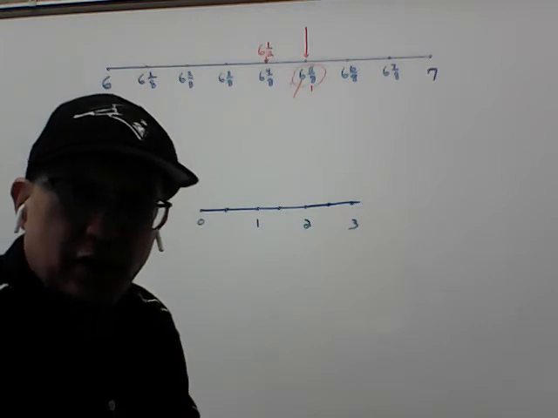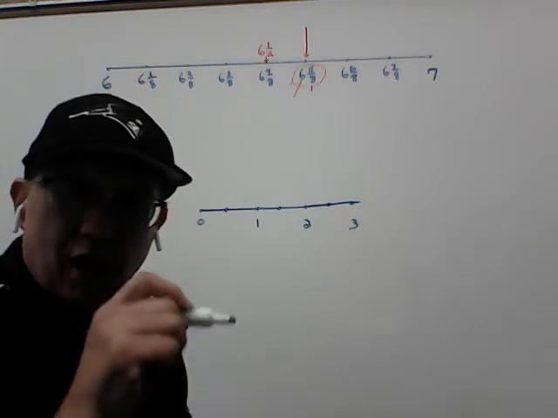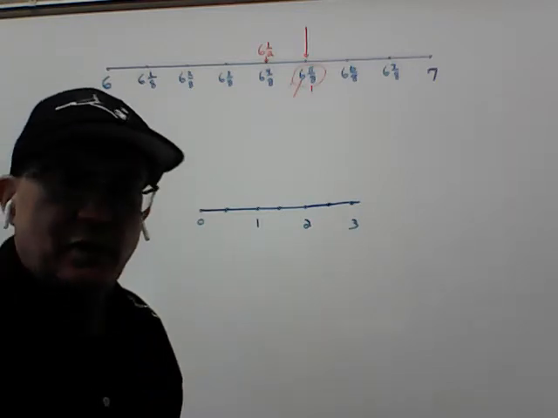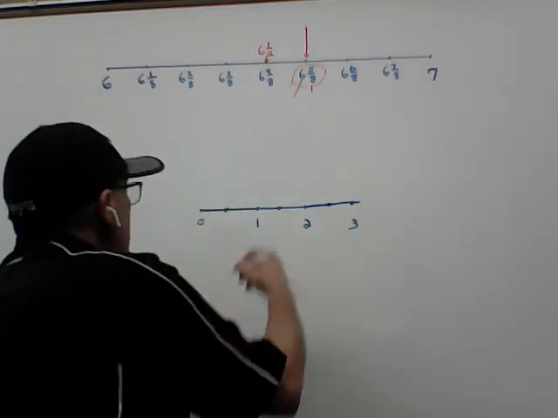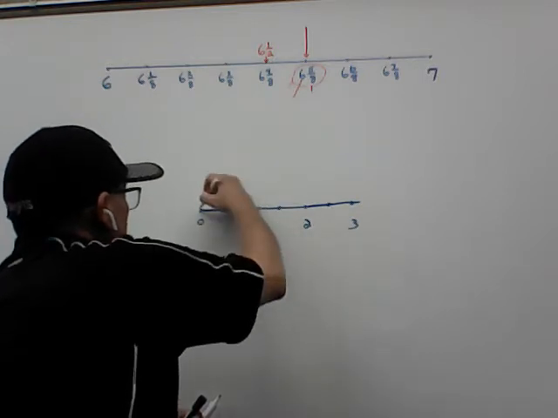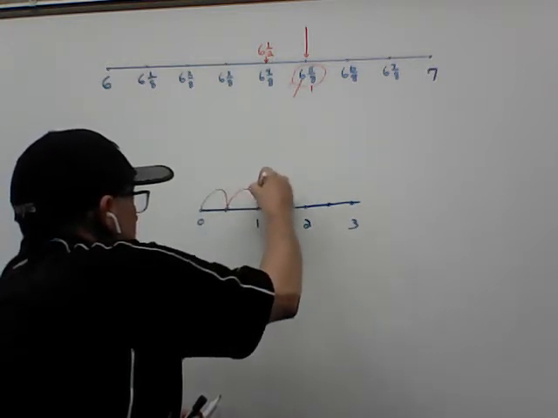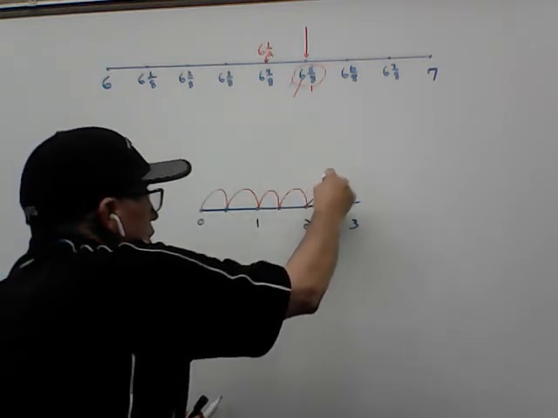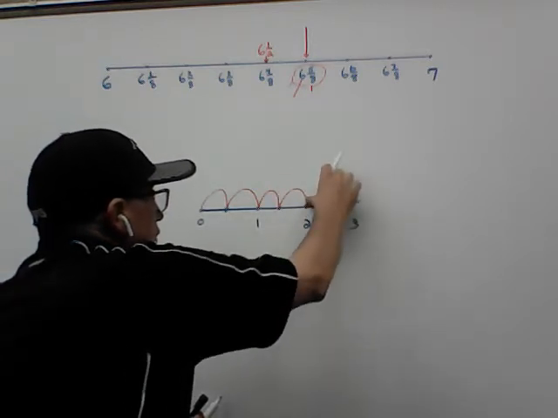I eyeballed these. I simply put a dot where I thought a dot was halfway between 0 and 1, and then halfway between 1 and 2, and so on. So that we have these little jumps here, which are each 1/2. 1/2, 2 halves, 3 halves, 4 halves, 5 halves, 6 halves.